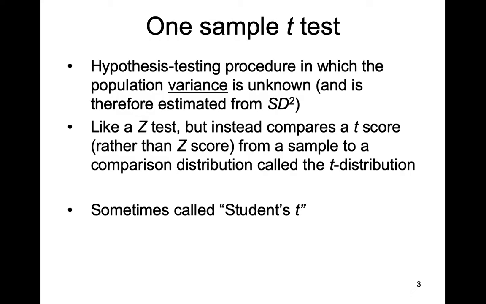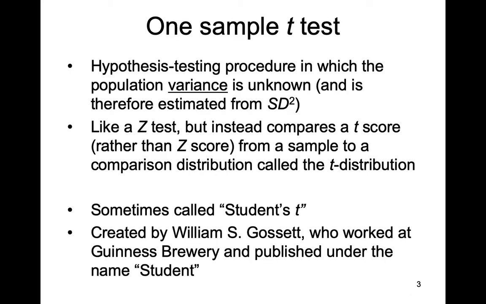And so the statistics that he developed ended up being essentially industry trade secrets of the brewery, but he knew that the statistics that he was coming up with were so valuable, he wanted to publish what he was doing, and so he published under an alias, which was student. And so the t-tests are often called student's t. Created by William Gossett.